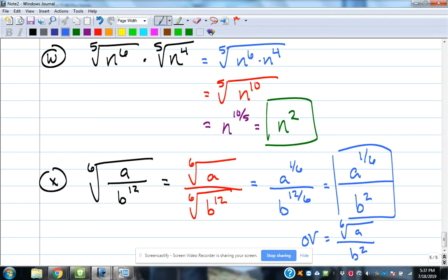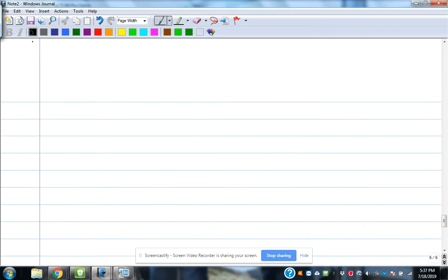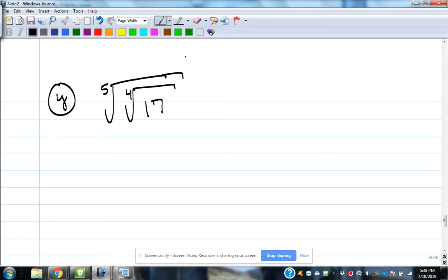Let's look at a root inside of a root. For example, y is going to be the fifth root of the fourth root of 17. And we're just going to try to rewrite this as a rational exponent.